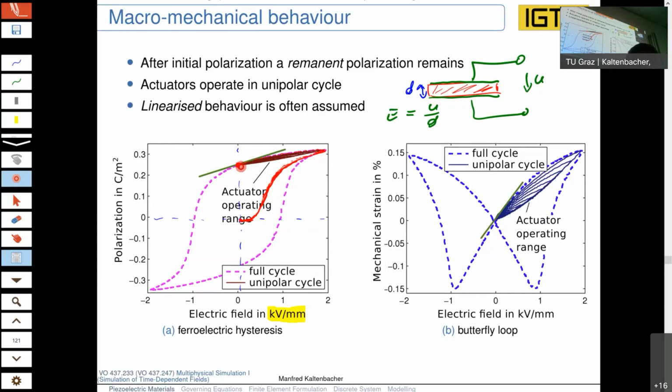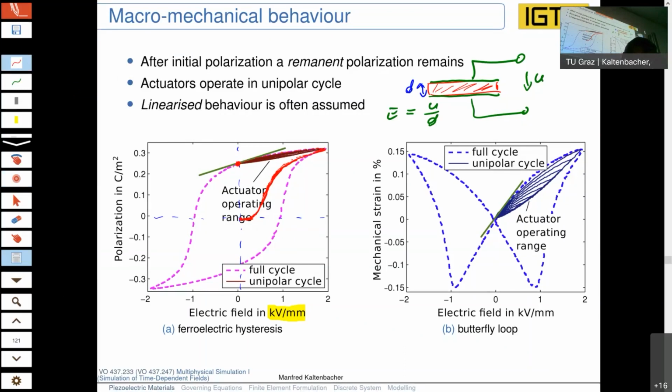Now, if we again apply a voltage, but in the opposite direction, yeah, you see, like in a permanent magnet, we now get a depolarization until the polarization is zero, exactly here. Yeah? And if you further increase, you see you can now polarize it exactly in the other direction. Yeah?